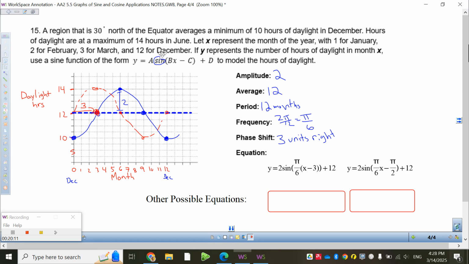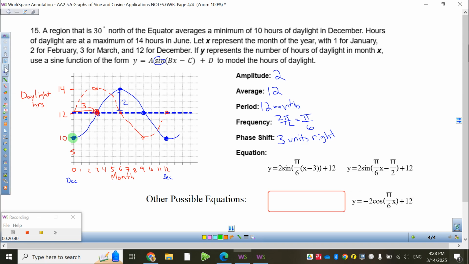Some other possible equations, for example, would be we could use negative cosine, and this is actually a really convenient one because if we started at this value, that's already where negative cosine starts. It starts at the minimum, so we wouldn't need a phase shift for this equation. It would just be negative 2 cosine of pi over 6x plus 12.